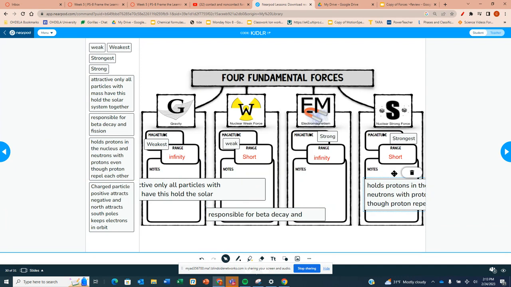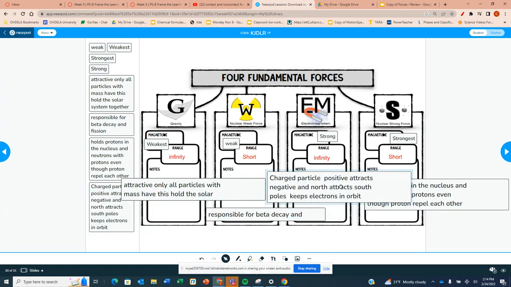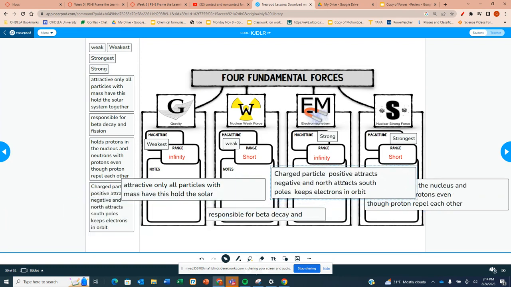It's the strongest, but it's really short range because it only acts within the nucleus, keeping the protons together. They want to repel each other. And with charge, a positive particle attracts a negative one, and this is electromagnetism.